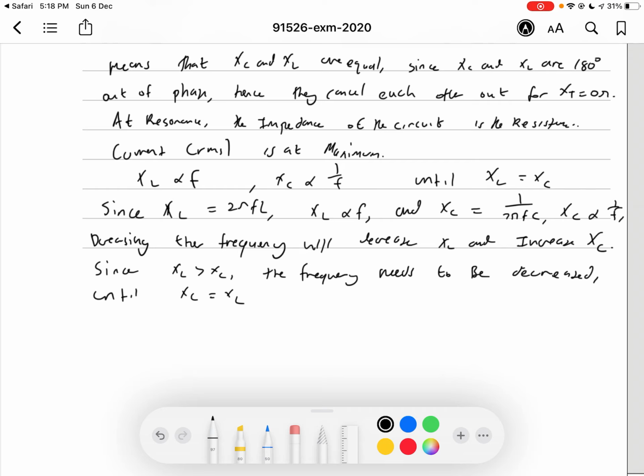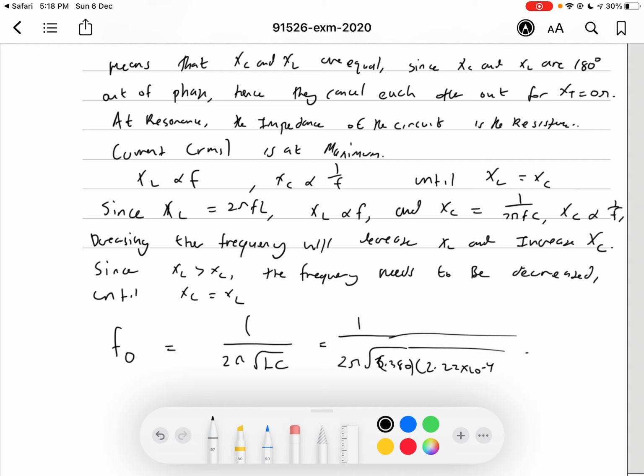Alright, so we know we need to decrease the frequency, and then we can actually calculate the resonant frequency if we wish to. We don't have to, but to support our answer we could. So f0 equals 1 over 2 pi root LC. If we plug in our numbers, this is 1 over 2 pi times the square root of 0.380 multiplied by 2.22 times 10 to the power negative 4.